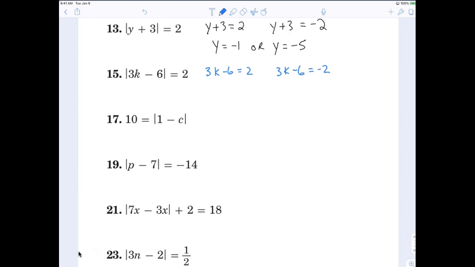And then 3k equals 8, so k equals 8 over 3. And 3k equals 4, so k equals 4 over 3. Good job. Very good.